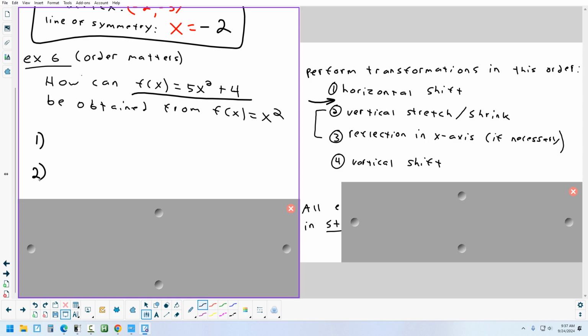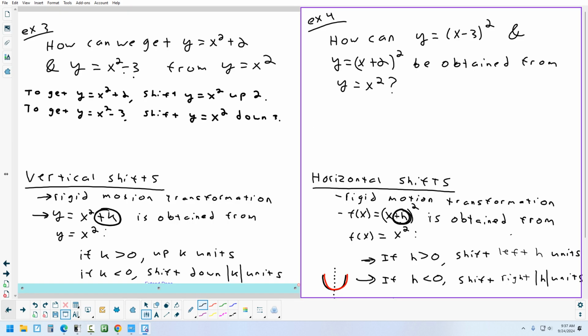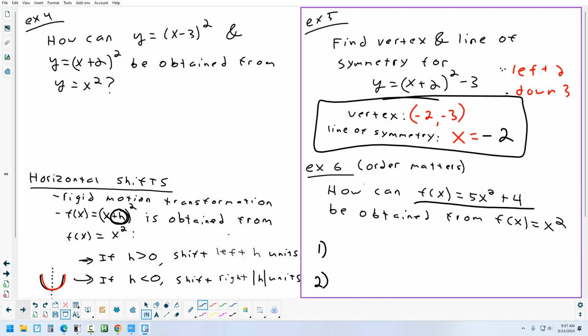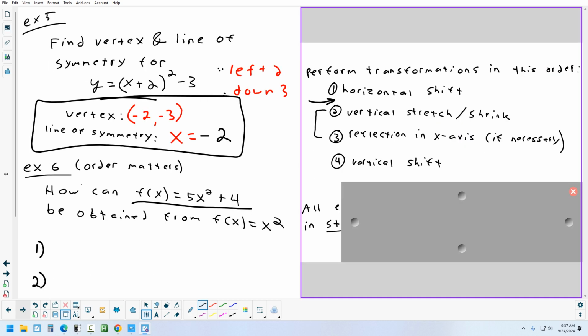Horizontal shift. That's when you have a plus or a minus inside the parentheses. Do we have a plus or a minus inside parentheses here? No. It's just 5x squared plus 4. This problem doesn't have the horizontal shift.